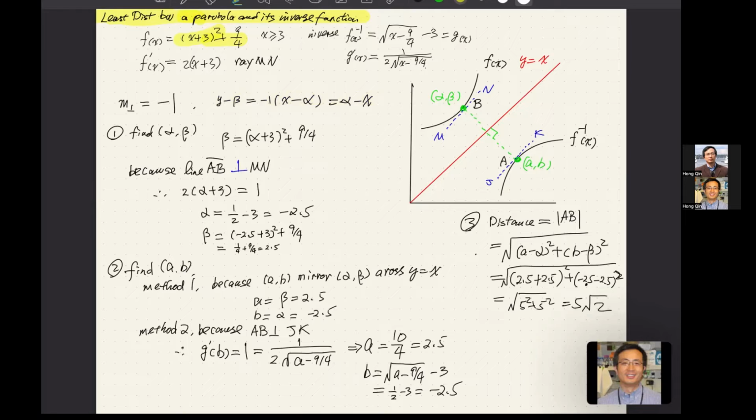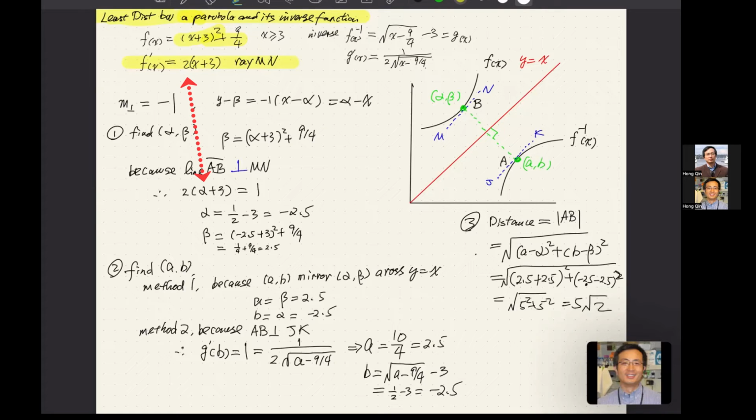And the next step, we need to find alpha beta. We can use the formula of f(x), and then we just put alpha beta there. We have beta equals (alpha + 3/2)² - 9/4. Now, because AB is perpendicular to the tangent of this curve, the tangent MN can be found by the derivative of this f(x).